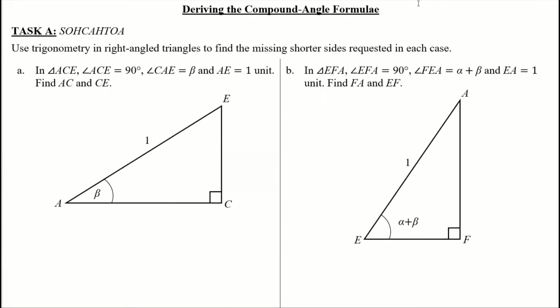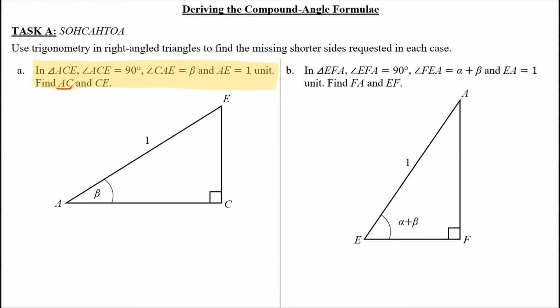So the description is quite similar to what you would get maybe in a GCSE question, where you're given all this angle information here and any measurements that you might need. It's all provided for you in that sentence. So you're going to use that information that's presented to you and the diagram, and you're going to find the lengths of the missing sides, in this situation, AC and CE.